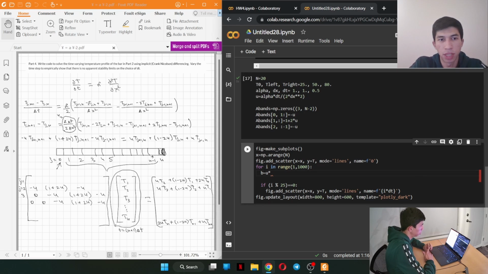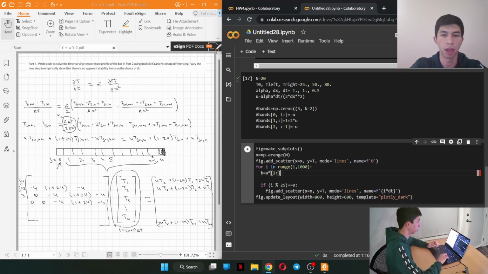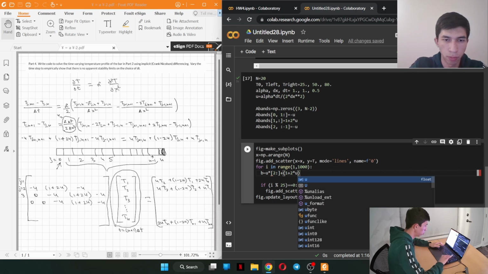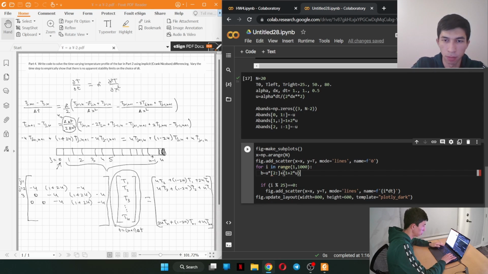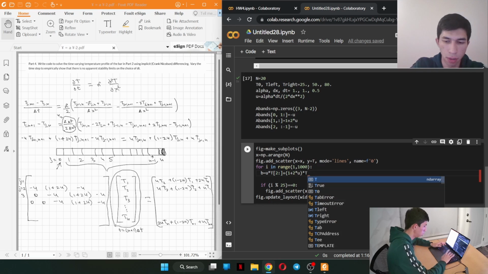I can represent that as temperature at j, starting from 2 till the end, plus 1 plus 2 times u, the temperature 1. I forgot to use the T here because I'm getting that from the temperature array, right? Times the temperature.